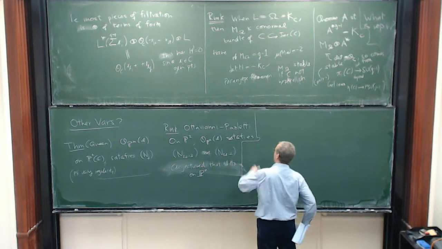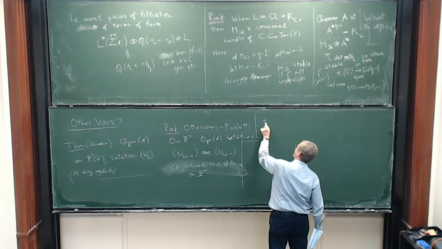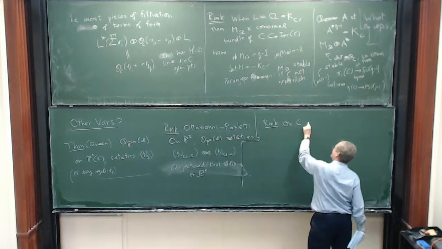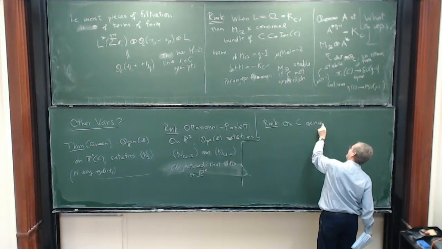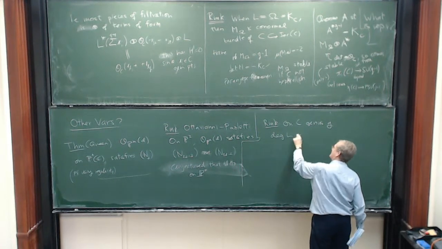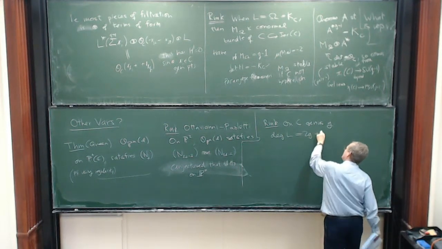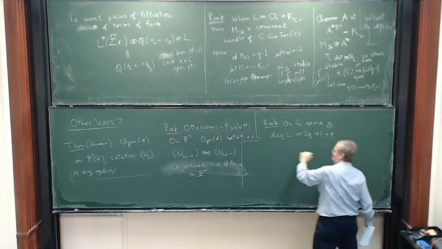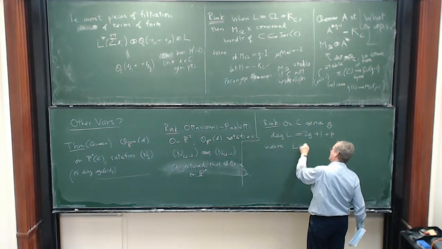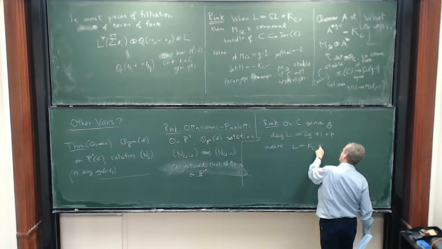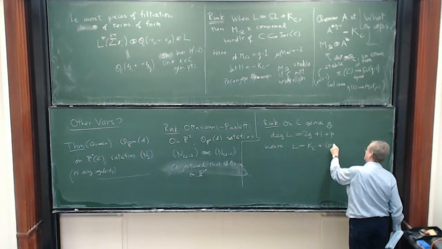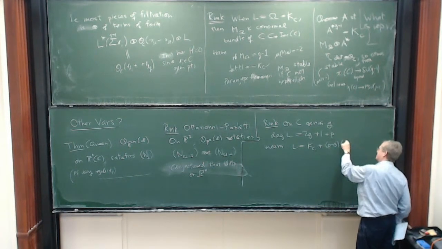Okay, let's go back to the case of curves. So on a curve C of genus g, to say that the degree of L is 2g plus 1 plus p means that we can write L as the canonical bundle of the curve, and what's left over has degree p plus 3, something ample.